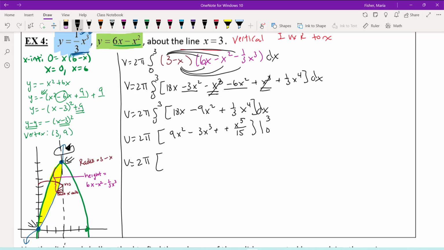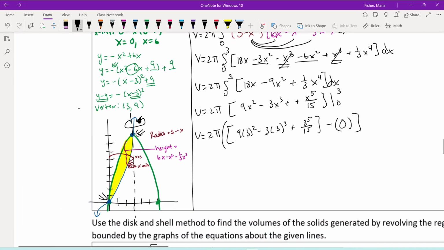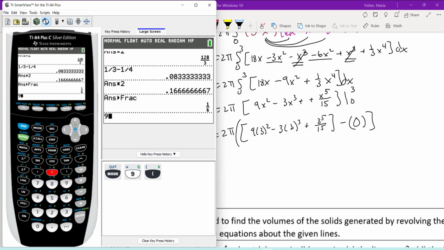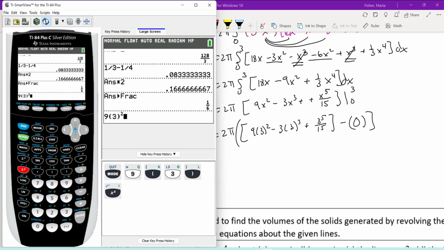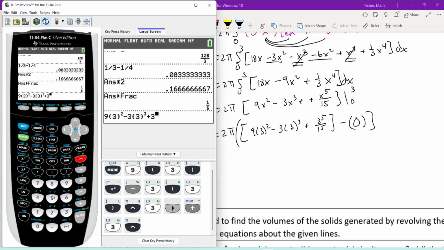Plugging in those limits of integration, 9 times 3 squared minus 3 times 3 cubed plus 3 to the 5th over 15. And then we plug in zeros, we're going to get a bunch of zeros. And then sticking that into a calculator, we'd have 9 times 3 squared minus 3 times 3 to the 3rd, and then plus 3 to the 5th divided by 15.